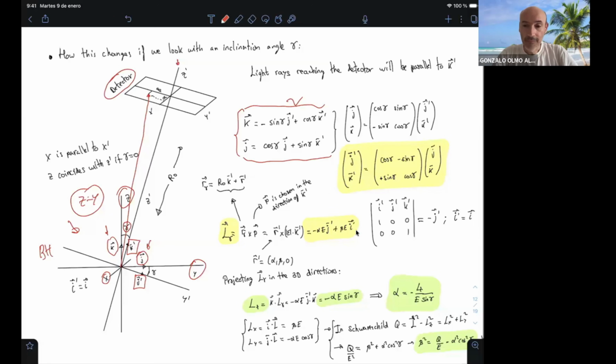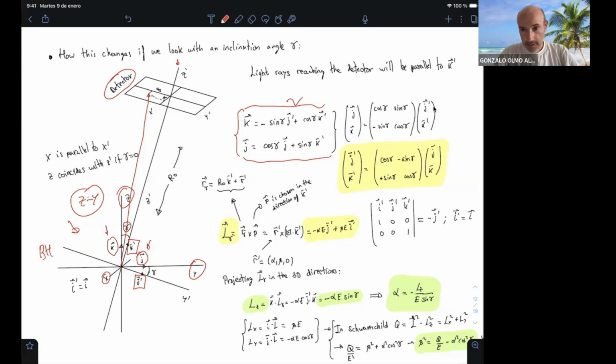And then we project this L written in this basis with the K, because LC is defined in this way, with the K of the black hole frame. Then the scalar product between K and J prime follows directly from this. K times J prime gives minus sine of this quantity.